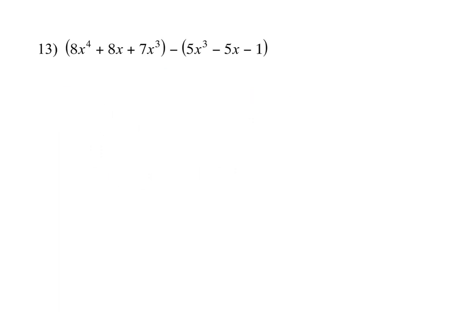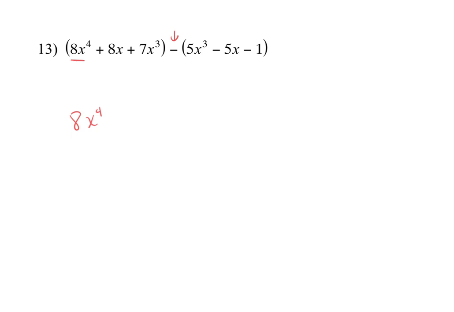All right, so once again, I'm going to start with my highest being to the fourth. I am also subtracting here. So I have 8x to the fourth, and I actually do not have anything in the second polynomial that combines with that.